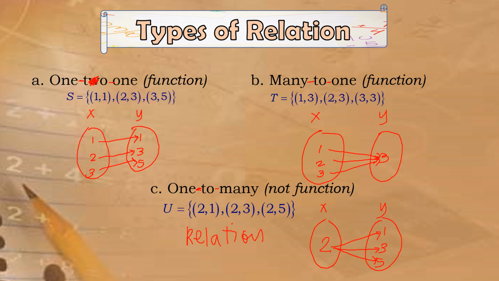The relationship is functioning. Many to one, why is it considered as function? Ano paano siya marerelate sa totoong buhay? In our country, or like in any other country, for example, X are the girls and Y is a boy.